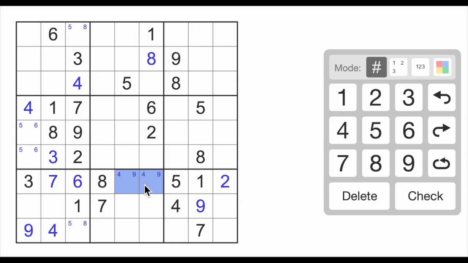Now I have 4, 9 double. Again, double means I cannot place any other number in these 2 cells, which gives me a triple in box 8, because column 6 has 1, 2, 6, which have not been placed in box 8, and they cannot come in here. This cell will be used by 4 or 9, so 1, 2, 6 have to come in here, and this will be 3 and 5.